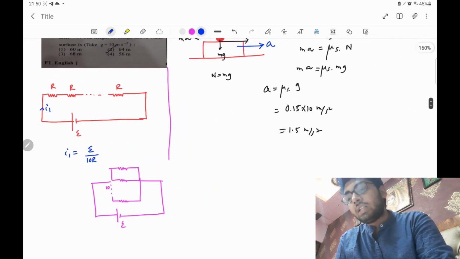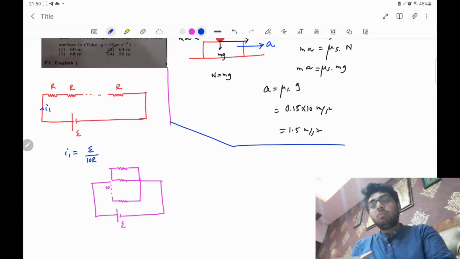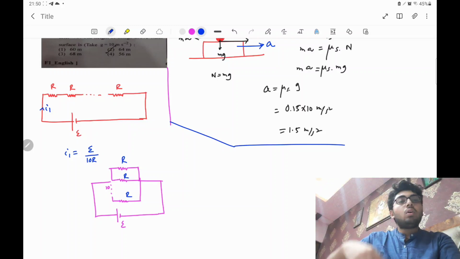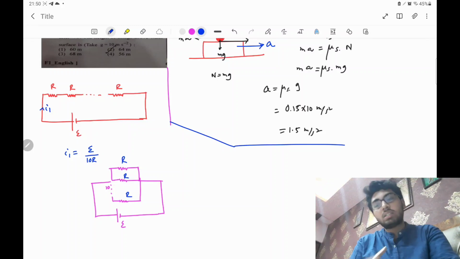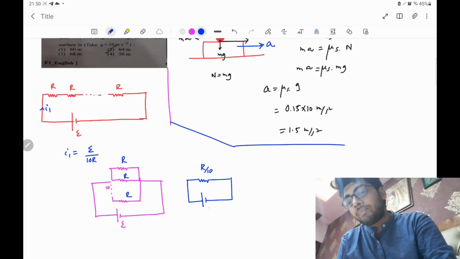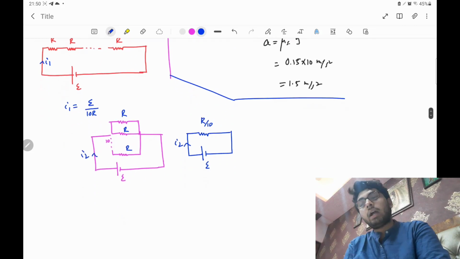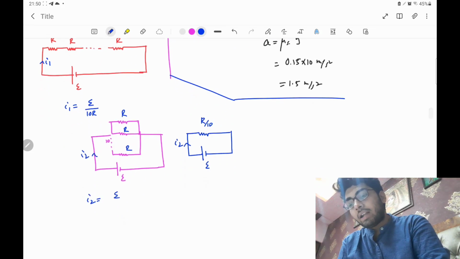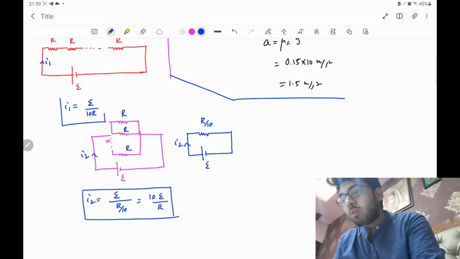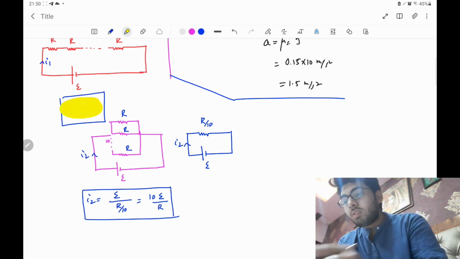Now all the resistances are R. If I replace all the resistances by one single resistance, the equivalent resistance will be R by 10, isn't it? And there will be a battery E. Now in the new situation, if the current is I2, then I2 will be E divided by R by 10. That means it will become 10 times E by R. So I2 is 10 times E by R, where I1 was E by 10R. Just have a look at this.